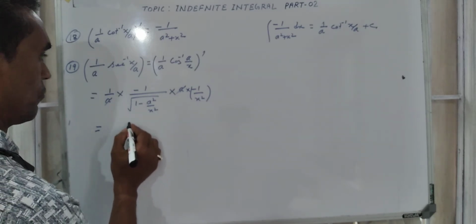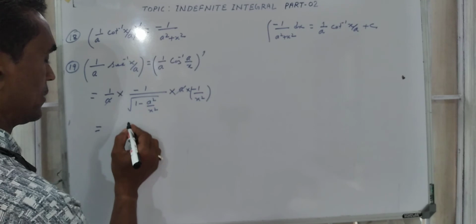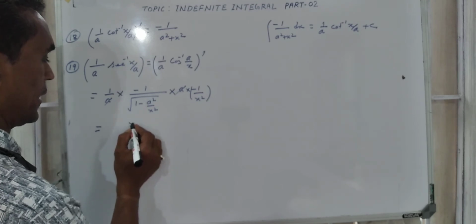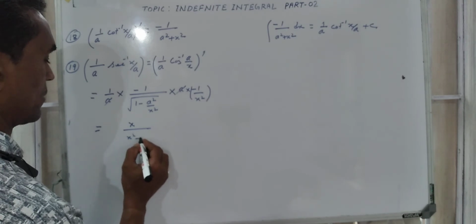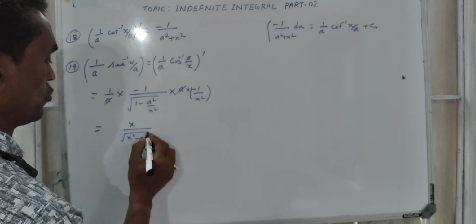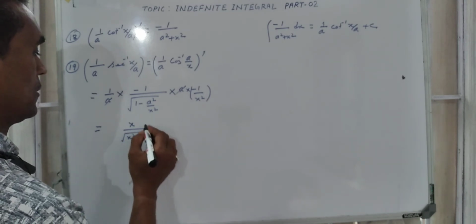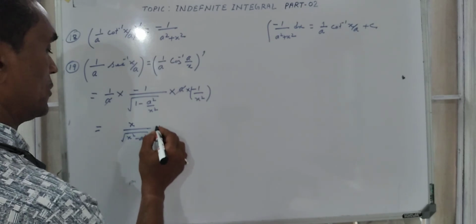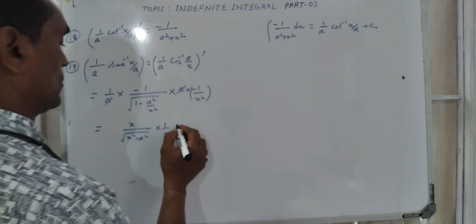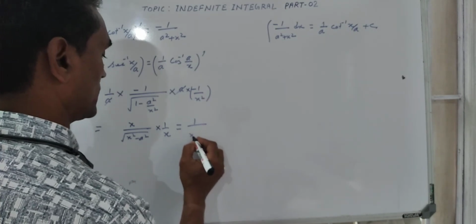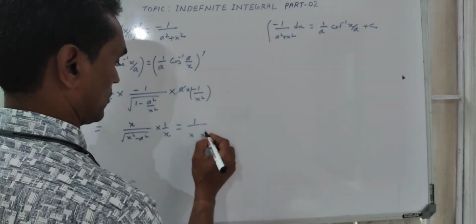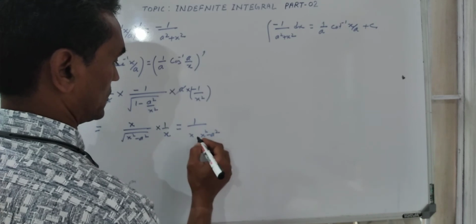So x by this x, so the square root of x square minus a square, into 1 by x. What will we get here? x into the square root of x square minus a square.